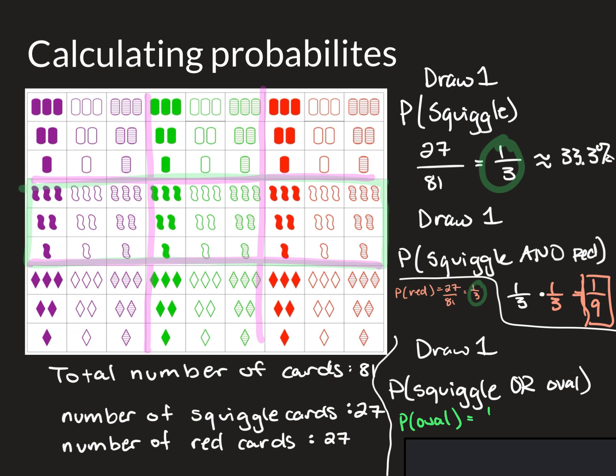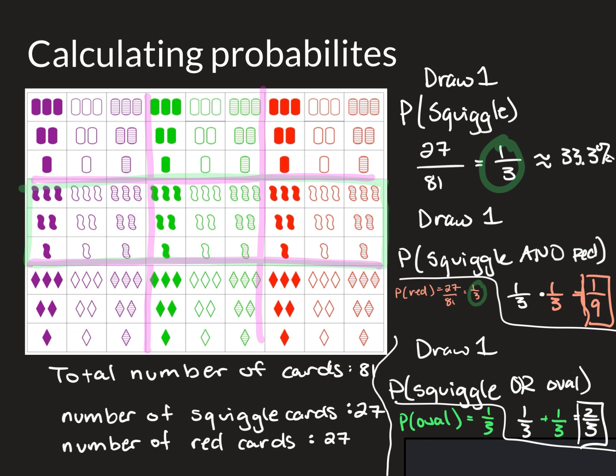It's going to be the same 1/3, because 1/3 of my cards up here, so these 27 out of my 81, are oval. In this case, what we need to do is add the probabilities together. We've got 1/3 that are squiggle. We also have 1/3 that are oval, which gets us a total of 2/3 that are squiggle or oval.